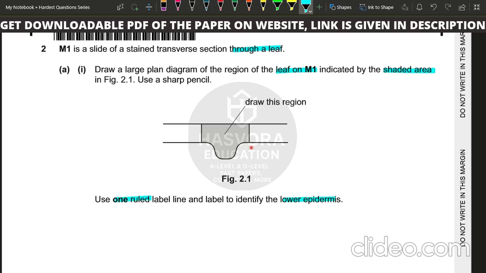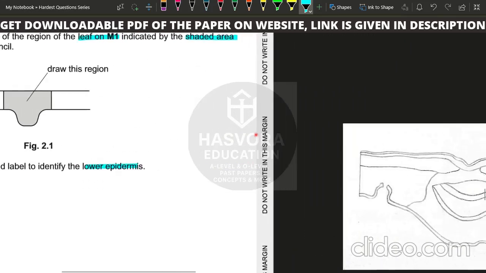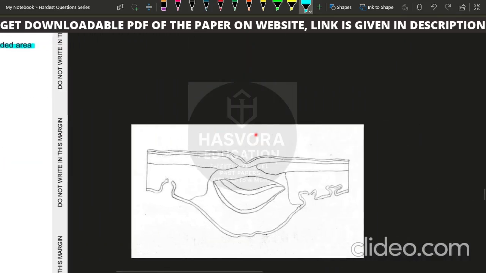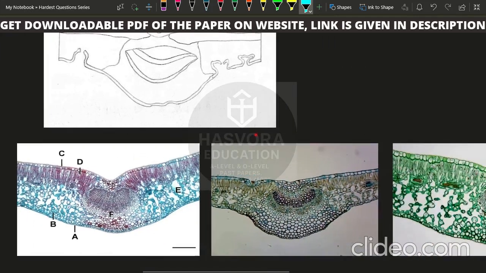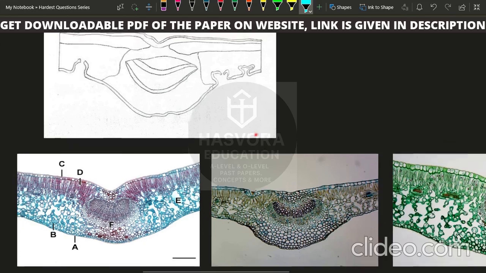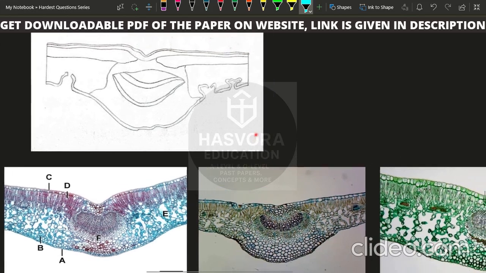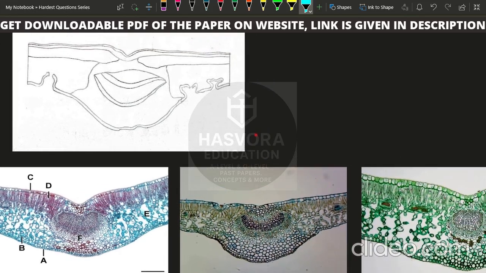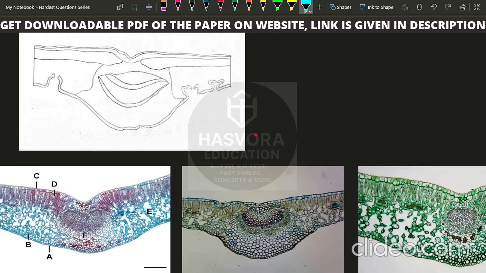Okay, so now I have just picked up some slides, and I have drawn the plan diagram of this. I have just forgotten which of the slides I used to make this diagram. Okay, so I've just given these images for reference. Okay, so you can just use any of them.